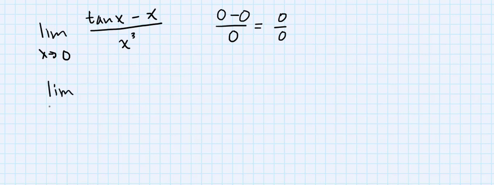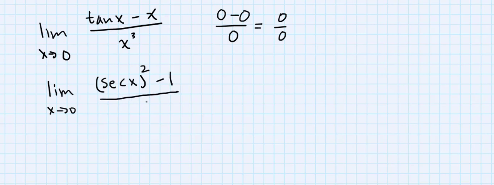When you apply L'Hopital's rule, you're going to get the derivative of tangent x, which is secant squared x. I'm going to rewrite it like this so that it's easier for us to take the derivative. Minus x, so that's minus 1, over the derivative of x cubed, which is 3x squared.